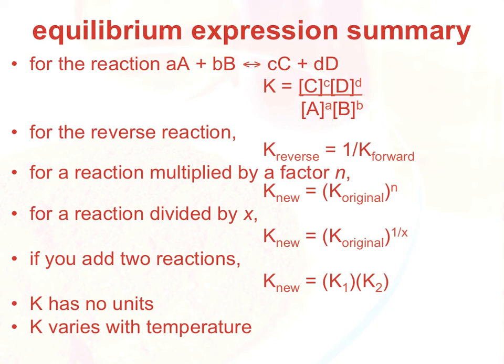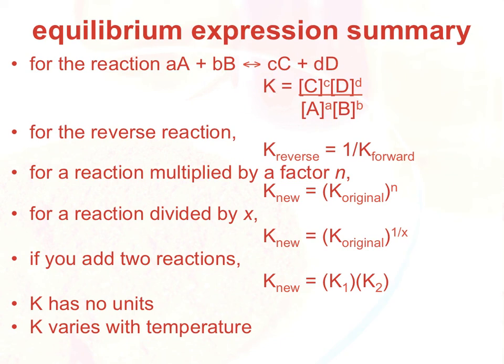Our K value is going to be equal to the concentrations of our products to some power that corresponds to the coefficients in the balanced equation, divided by the concentration of our reactants to some power that corresponds to the stoichiometry or the coefficient seen in the reactants of the balanced equation. So we know how to write our equilibrium expressions.